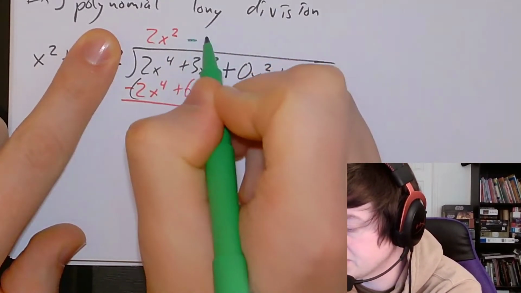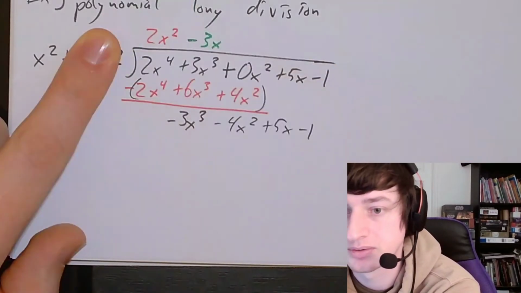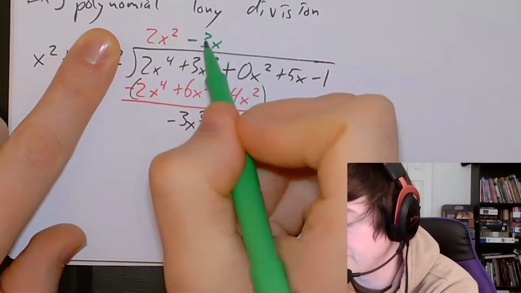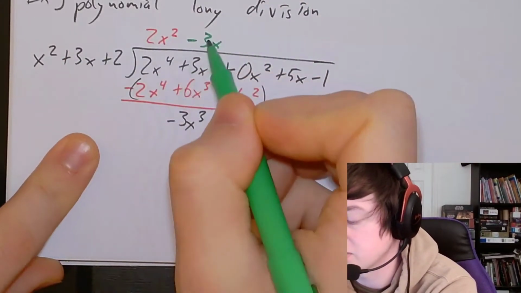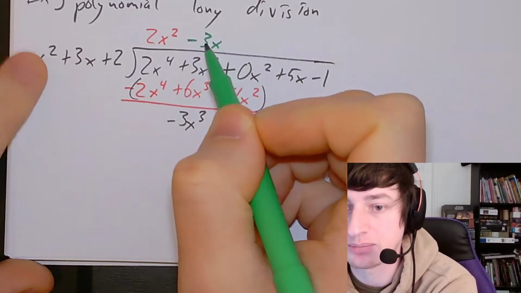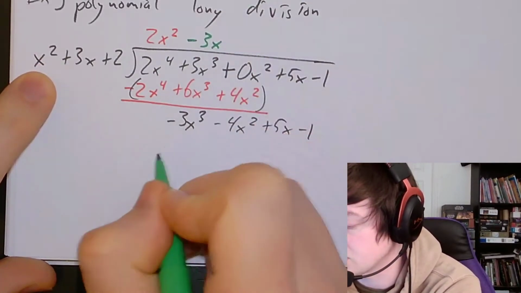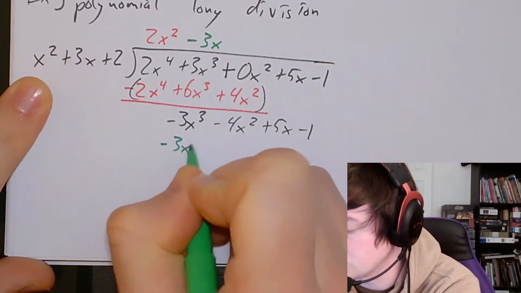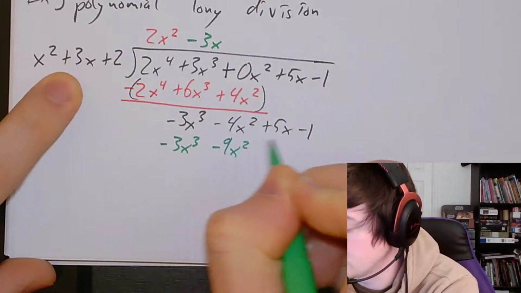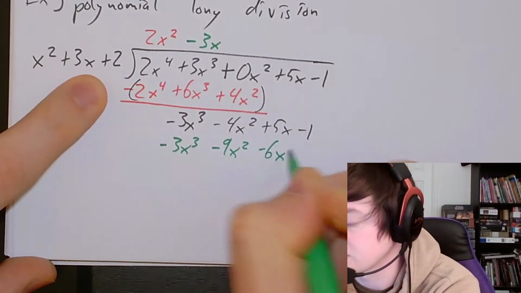Well, it's a minus a 3 and an x. So I'm going to multiply everything over here by this minus 3x, and I picked negative 3x because that multiplies by x squared to match this thing. So minus 3x cubed minus a 9x squared minus a 6x.